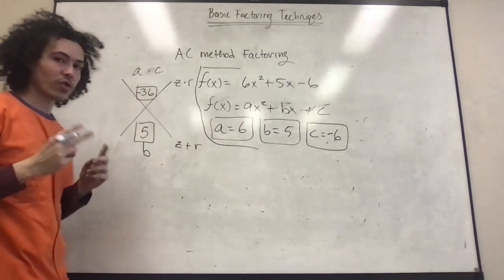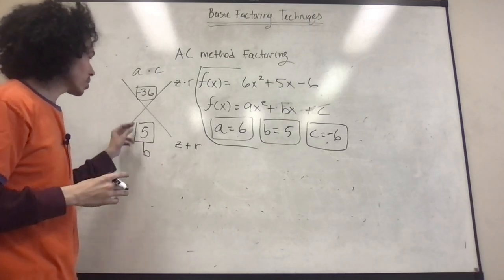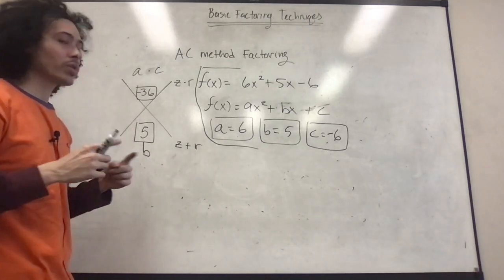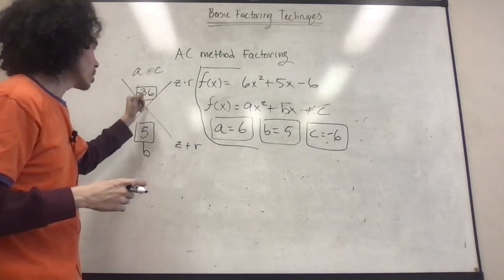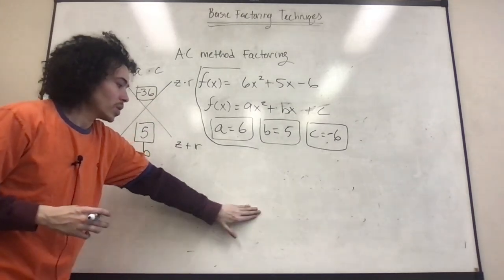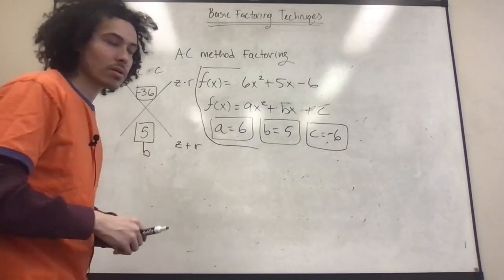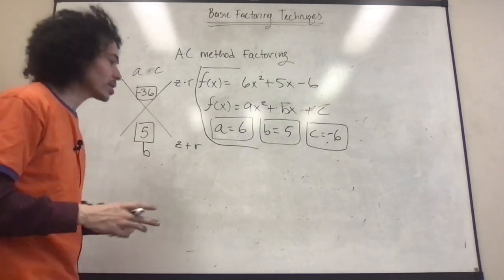So you're looking for two numbers that both add up to 5 and also multiply to negative 36. The way you find this out, I'm not just going to spew the answer. I'm going to show you how to find this out.